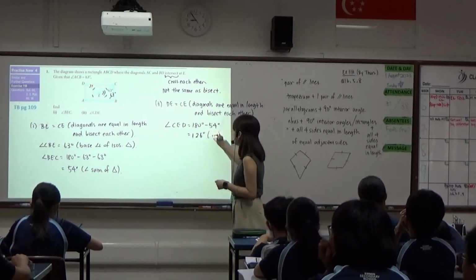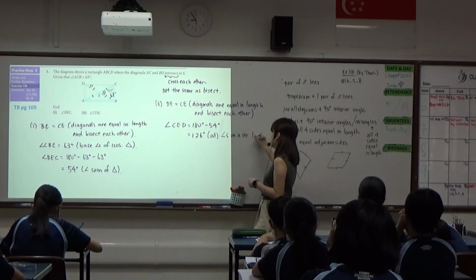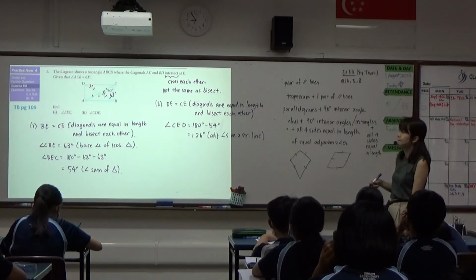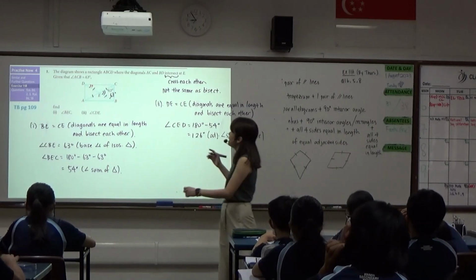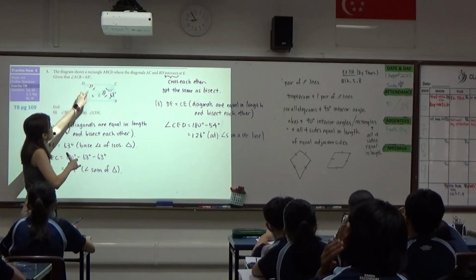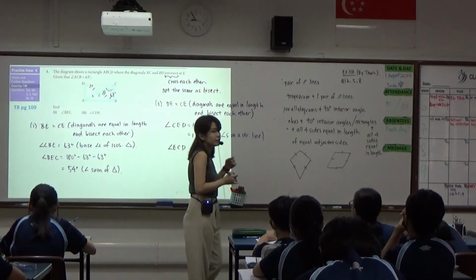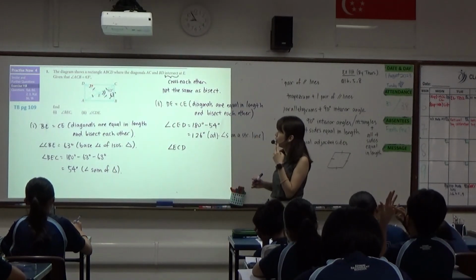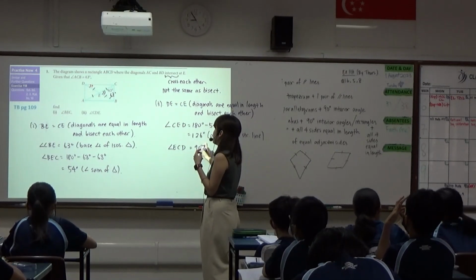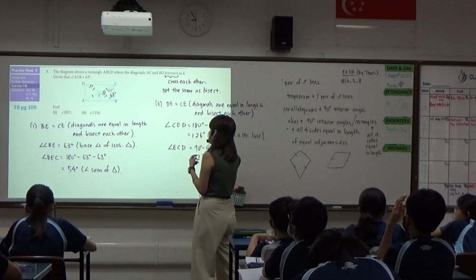Angle CED is 126 degrees due to adjacent angles on a straight line. Then angle ECD equals 90 degrees minus 63 degrees, and we get 27 degrees.